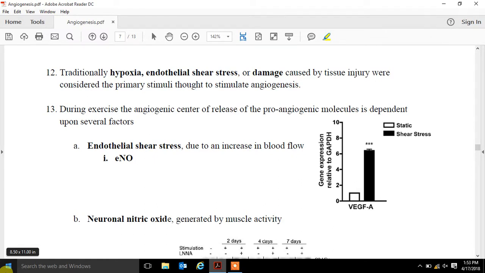But you guys, because of the classes that we teach here, and this is where integration of this knowledge comes into play, if you take Pool 796 or some of those other classes, you'll get into what the PO2s are in these tissues, and you'll realize, oh wow, we don't ever really become hypoxic, even at high altitude.